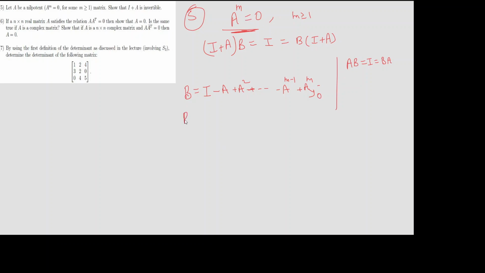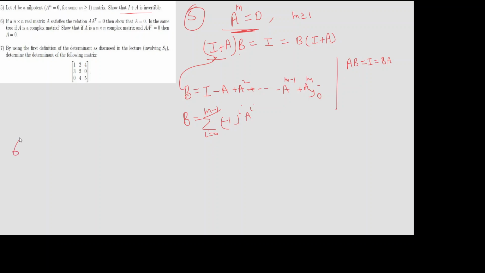That means if you consider B as the sum of minus 1 to the power i, A to the power i, where i is from 0 to m minus 1, and multiply this B here, we will get identity. So we have a matrix B which gives us identity when multiplied with I plus A. That means I plus A is invertible.